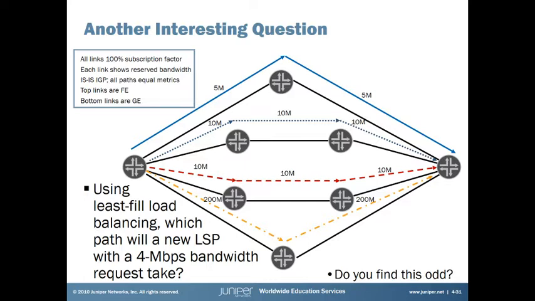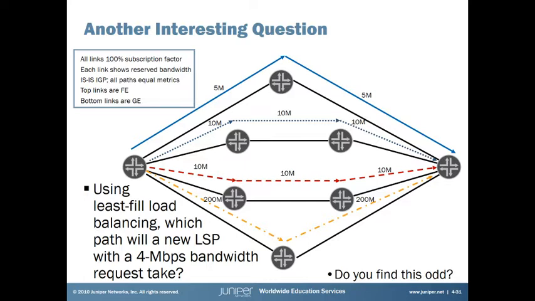So here's the interesting thing. The bottom links, we've got 200 meg reserved, so 20% reserved and 80% is available. Of the top links, we've got 5 meg reserved, therefore 95% is available. Using the least filled method, it will actually take the top link over the bottom link.